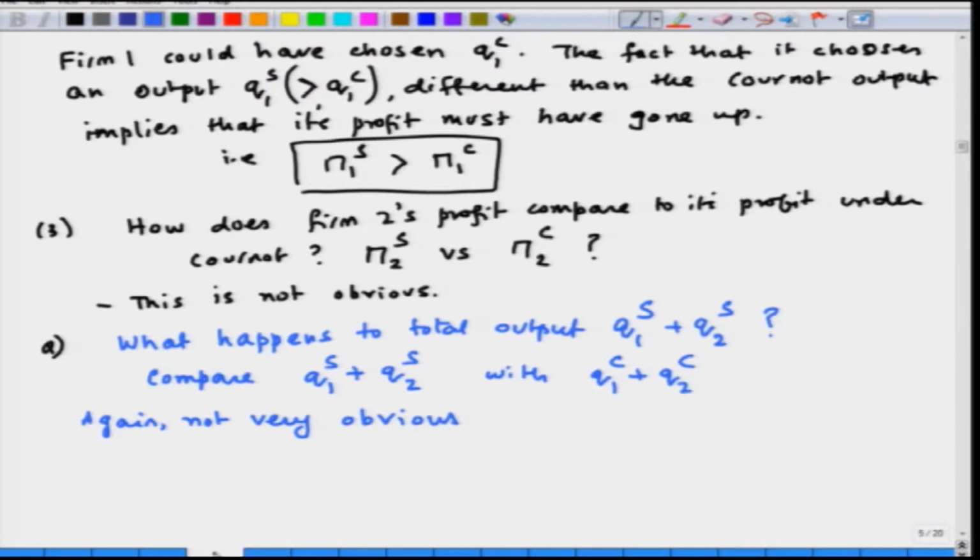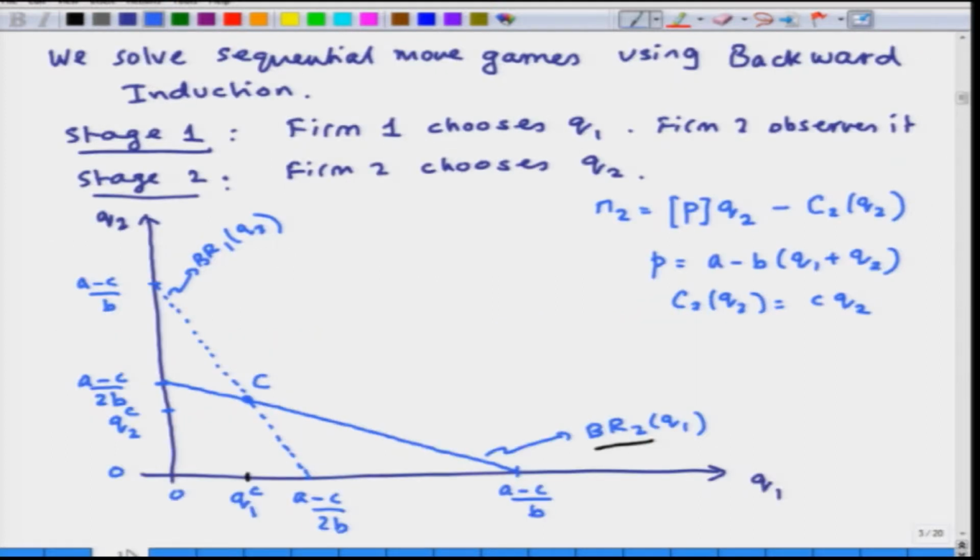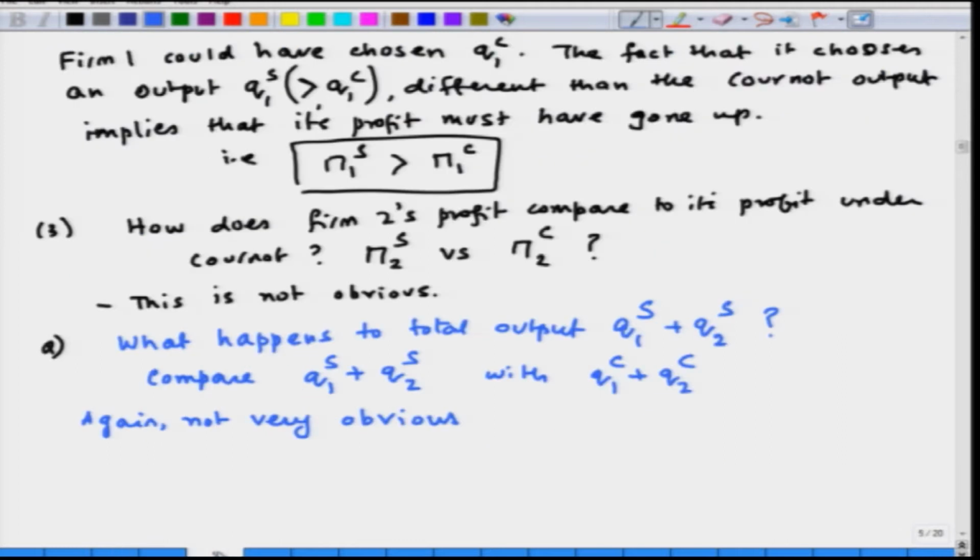That follows from the fact that since Q1S is greater than Q1C, it must mean that firm 2's choice of output in the Stackelberg model is lower than that under the Cournot model. So, let us first make a note of that.